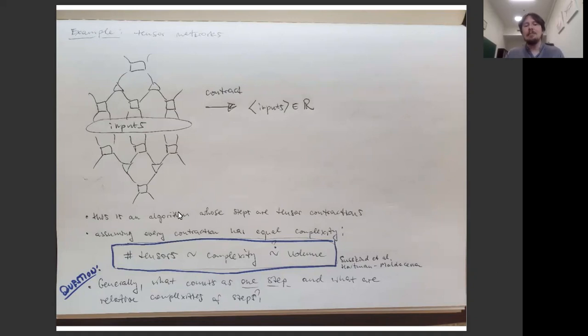Now, this is an algorithm whose steps are tensor contractions. If we assume that every contraction has equal complexity, an assumption that maybe you might be willing to make, then the complexity, being the number of steps we take, would be the number of tensors.